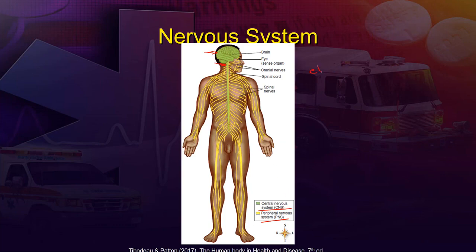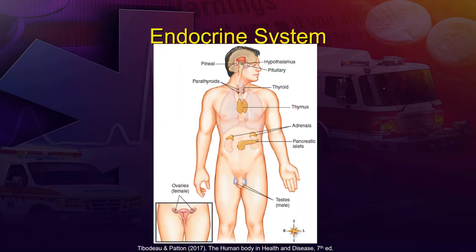This is our electrical or electrochemical messenger. The endocrine system complements our nervous system by being an exclusive chemical messenger system using hormones. These are responsible for all functions of our body, including, to some degree, the process of aging.